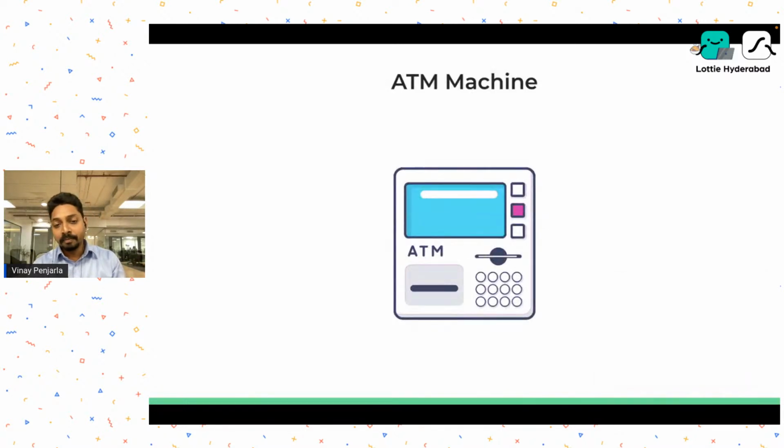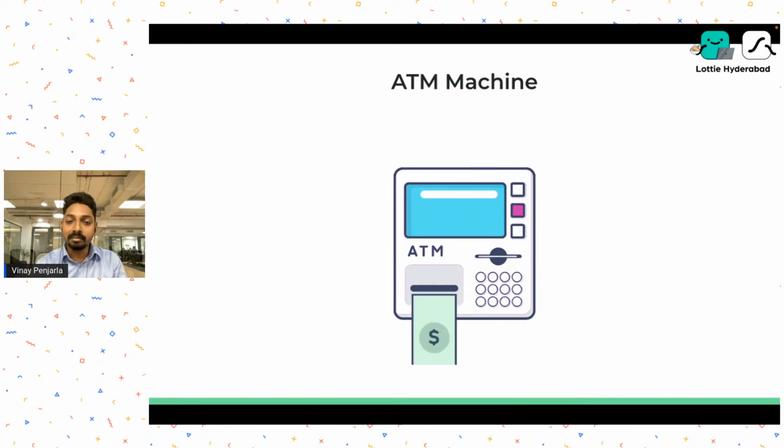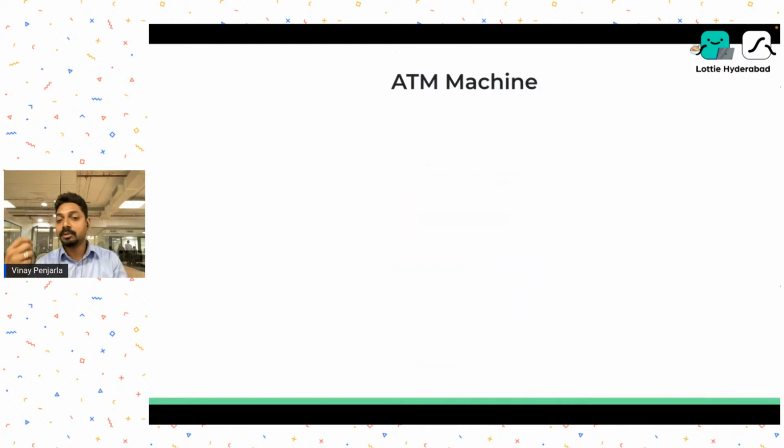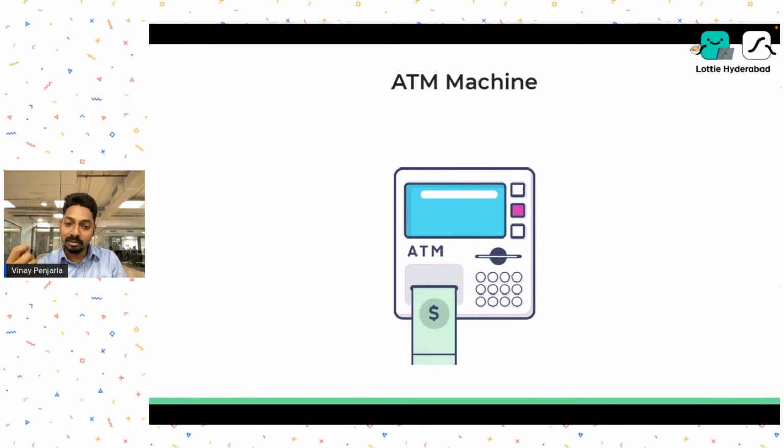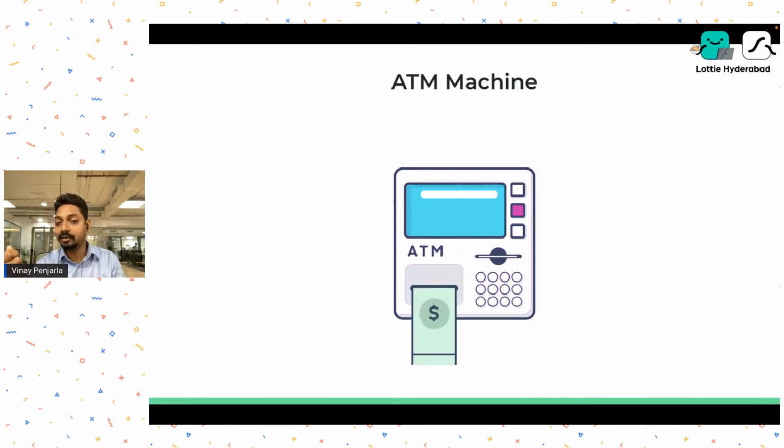For example, everybody goes to an ATM machine and draws some money. Whenever we are trying to draw that amount, you will hear some audio from the ATM machine, the sound of the cash count and all.